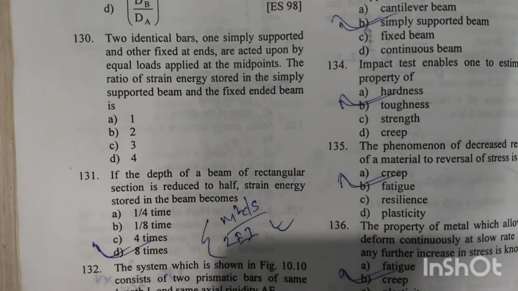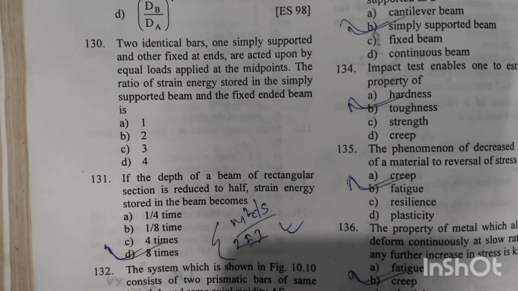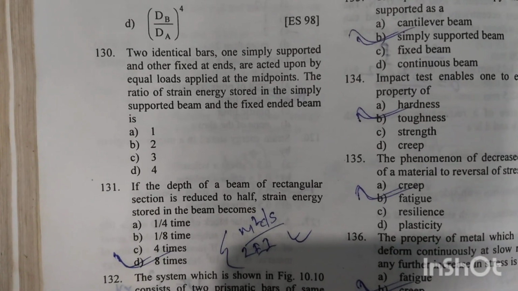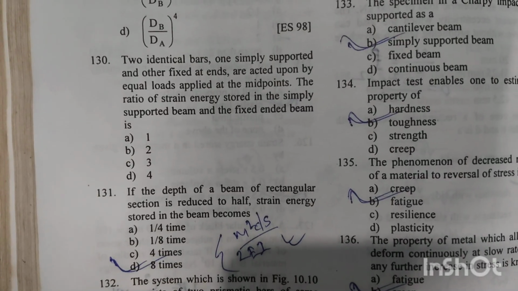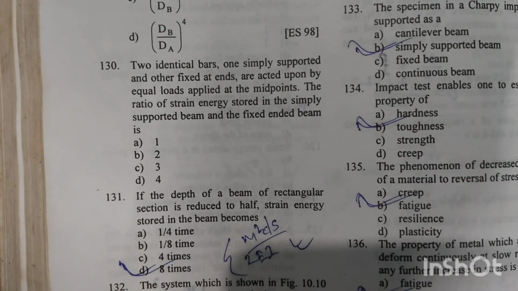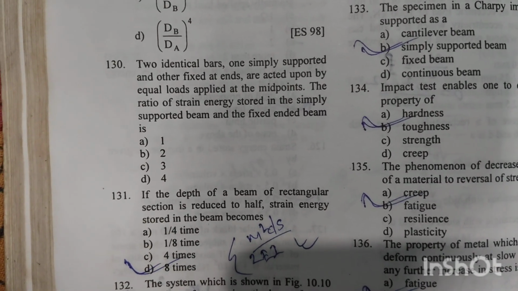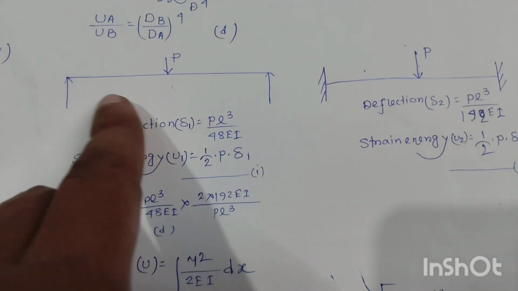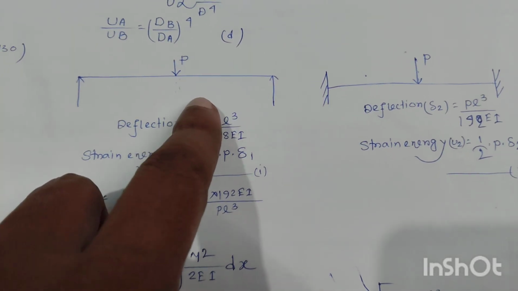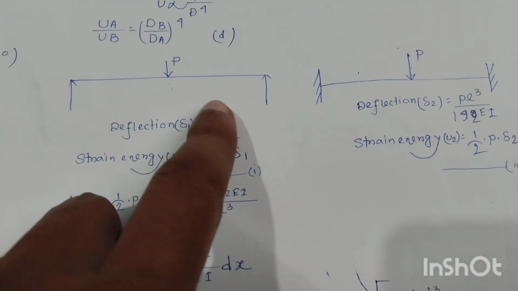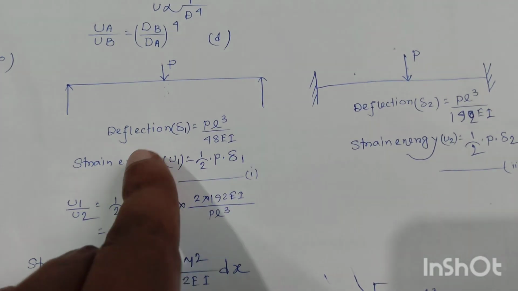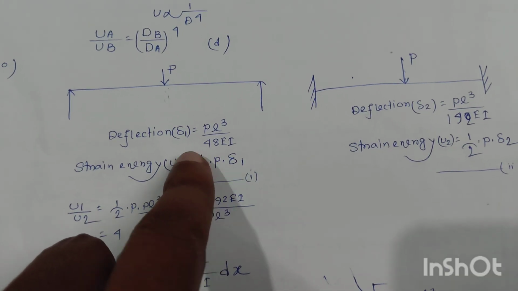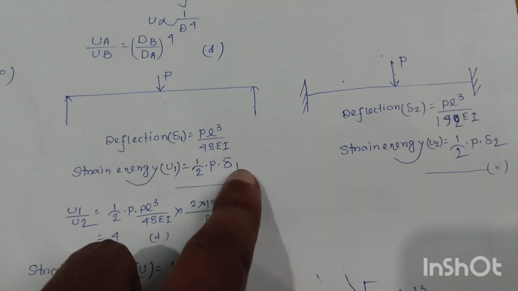Number 130. Two identical bars, one simply supported and other fixed at ends, are acted upon by equal loads applied at the midpoints. The ratio of strain energy stored in simply supported beam and fixed ended beam is. So for a simply supported beam subjected to central point load P, the deflection at the center will be equal to PL cube by 48 EI, and the strain energy U1 will be equal to half into the load P into deflection del 1.